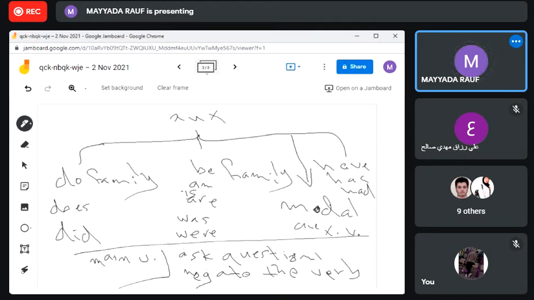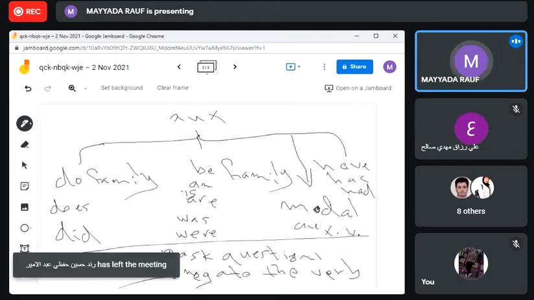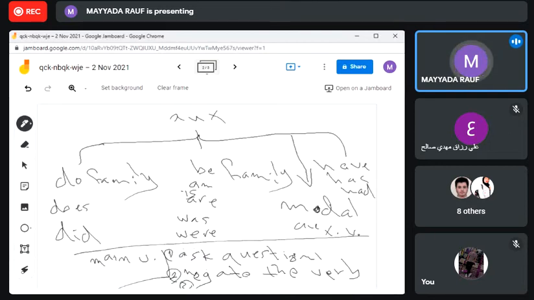Okay, and this is number one. Number two and number three is to change the tense of the verb. Okay, so these are the main functions of auxiliaries, and though they are used in these three cases, sometimes they are used as a main verb.